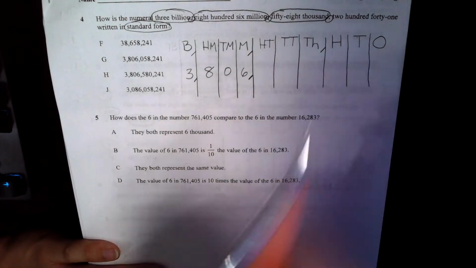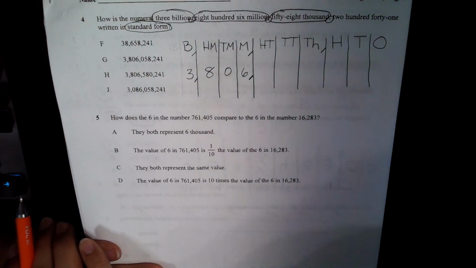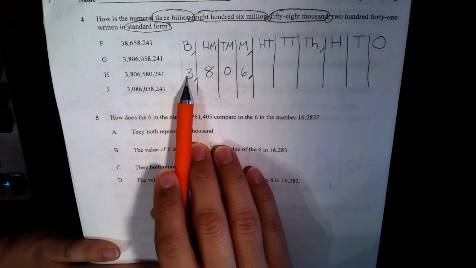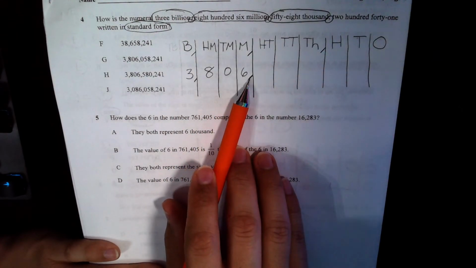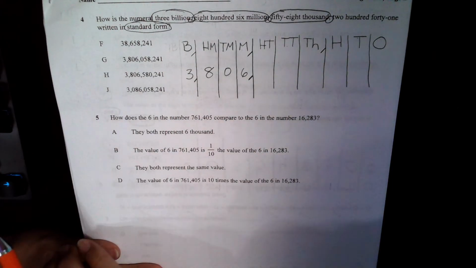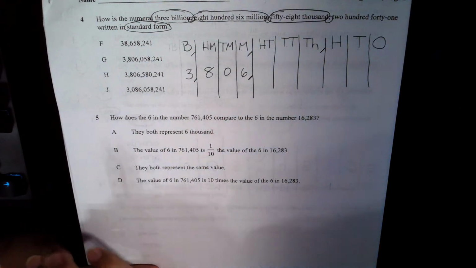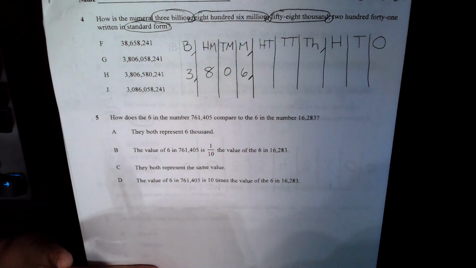Who can read for me what it says in my next chunk? We did 3 billion. We did 806 million. What does the next chunk say? Bailey, what does the next chunk say?